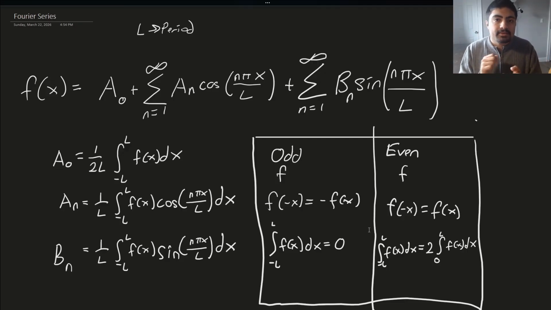But if we do an even function, we would actually have the same area, just multiplied by 2. So that's why for odd and even functions, our integrals behave this way.